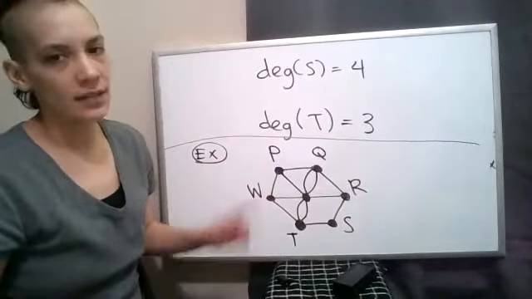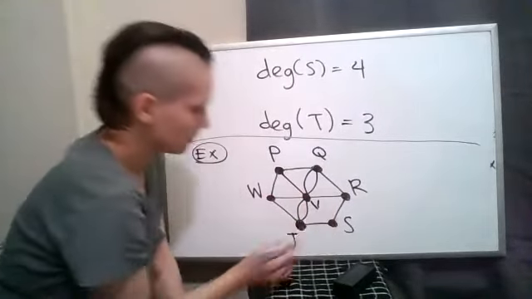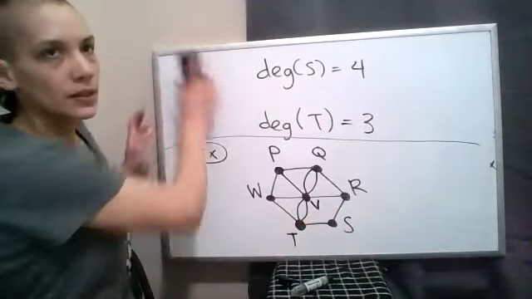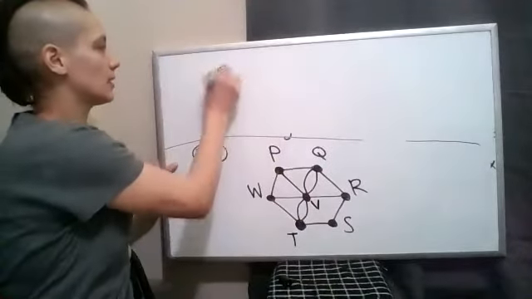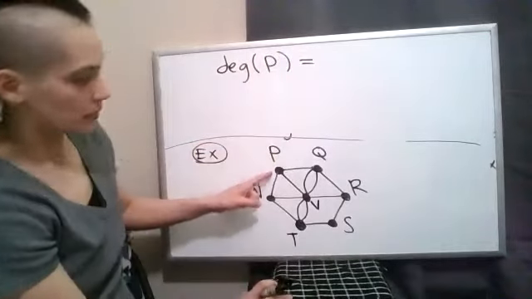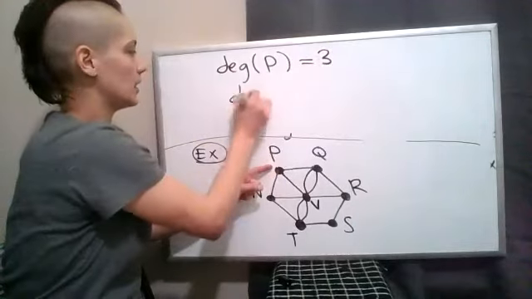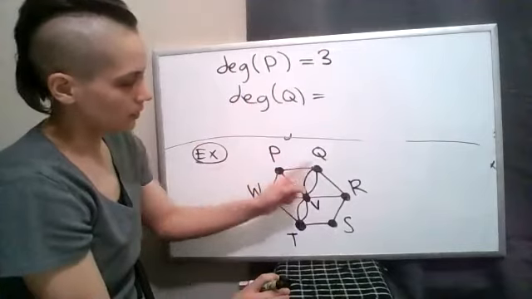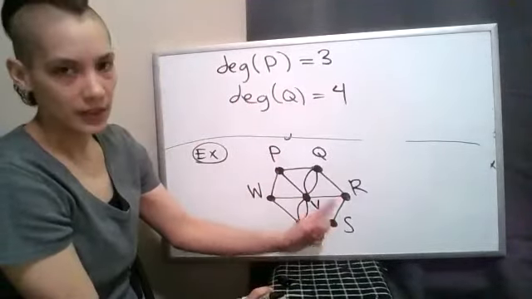And we're going to get the degree of every vertex. Oh, and so using this notation, degree of P is 3. We've got 3 connections. 3, Q. 1, 2, 3, 4. Degree of R is 3.